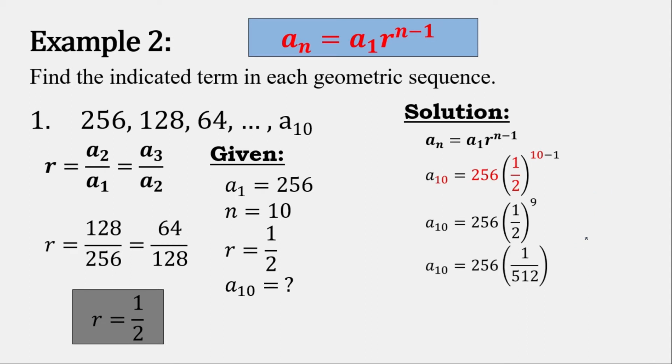And that will give us 1 over 512 multiplied to 256, and a sub 10 is equal to 1/2. I suggest that you allow your students, or if you're a student, that you use a calculator to solve for this. It has a larger number, so that's why the advice of using a calculator would be beneficial.